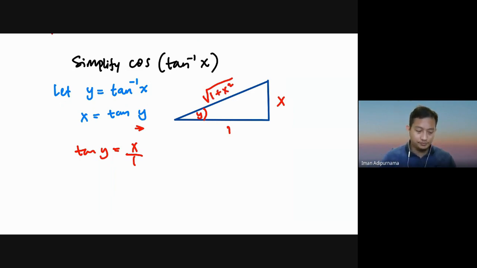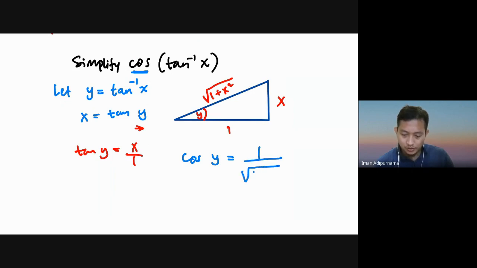All right. And we know that the question is asking about cosine. So cosine y, from the picture we see, is 1 over square root of 1 plus x squared. Right? Got it? Okay.